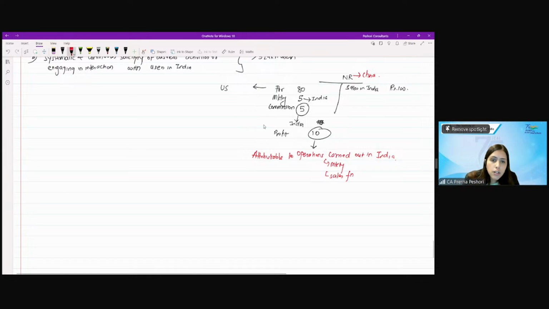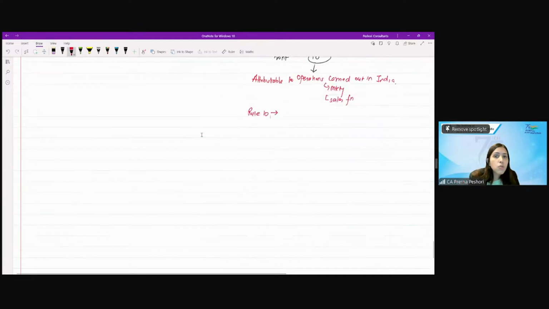Are you getting this? So how will we come to the proportion to break this 10 between India and China? For that, we have Rule 10. We'll not get into Rule 10, but Rule 10 talks about how to decide the proportion. This is what the AO will decide. But usually it is a percentage of the turnover or based on the comparable profit margins of similar enterprises.